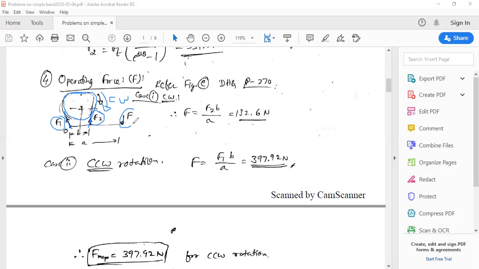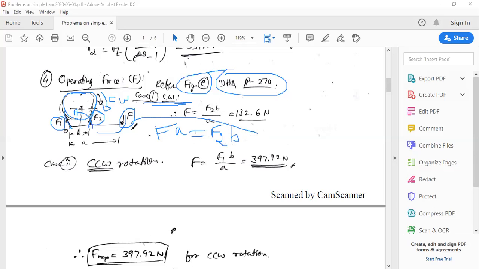To get the value of F, either you can refer to the data handbook, figure E of page number 270, or directly you can use the fundamental expression. For clockwise rotation, take the moment about the fulcrum point, so that F into A is one moment and the other one is F2 into B, which is in the opposite direction, so FA is equal to F2B.